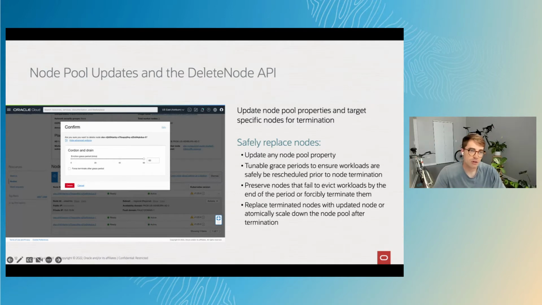That includes Kubernetes version, it includes host image, the shape of the underlying compute instances, but also things like node metadata, or if you want to run a custom cloud init script when the host is provisioned, and more, like SSH keys or other properties. So the way that it works today is you update those properties, and those changes apply only to new nodes that are created within your node pool.